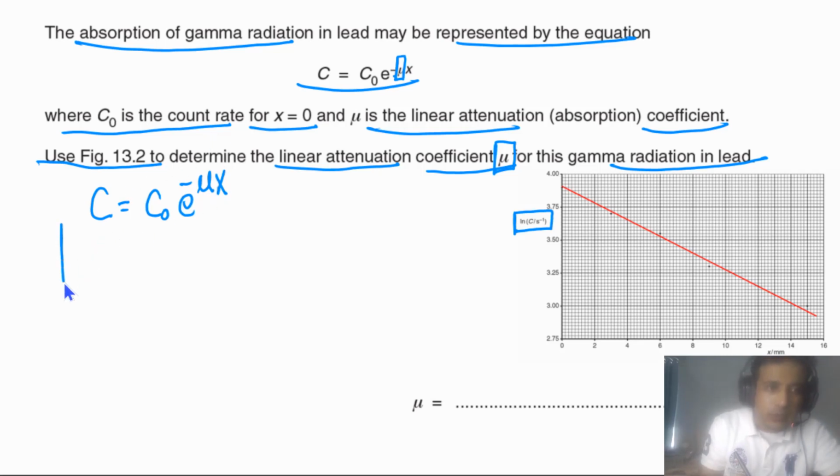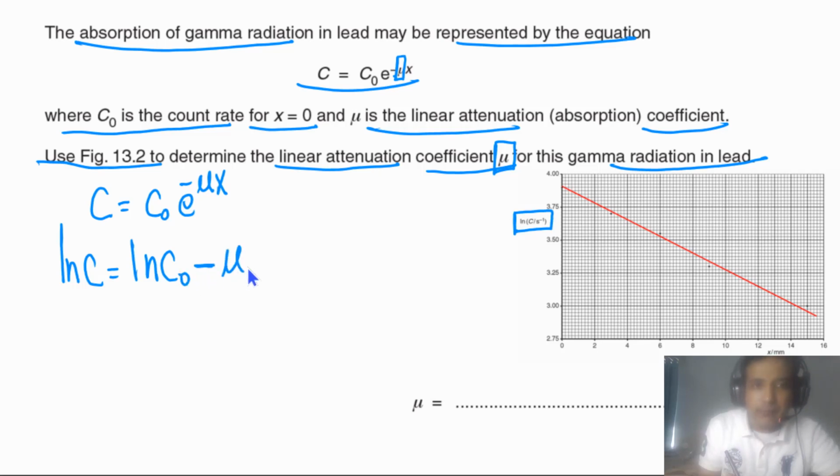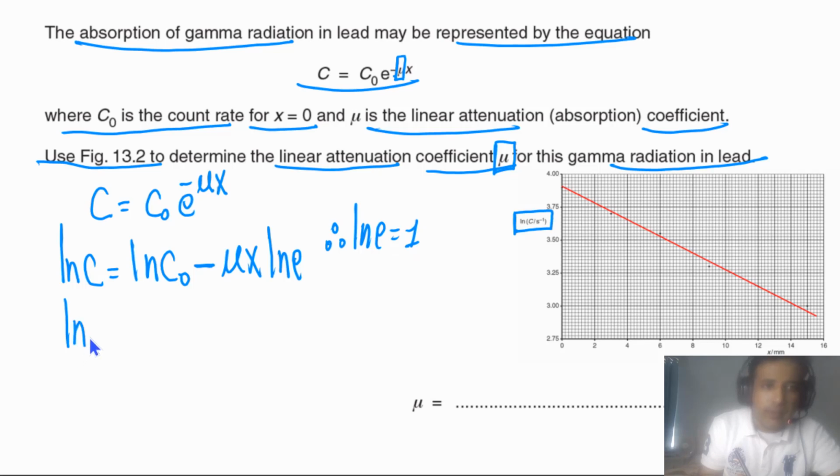Now if we take ln on both sides, we get ln of C equal to ln of C0 minus mu x ln of e. But ln of e is equal to 1. So simply we can write ln of C is equal to negative mu x plus ln of C0.